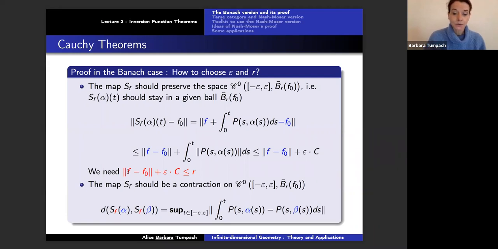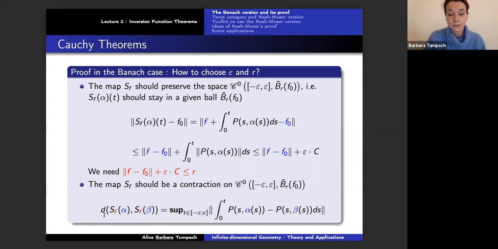Contraction means that we can estimate the distance between the images with the distance between the initial points. Here we are in a space of curves. The complete metric space we are dealing with is a space of curves defined on minus epsilon, epsilon with values in some ball. So alpha and beta are curves.